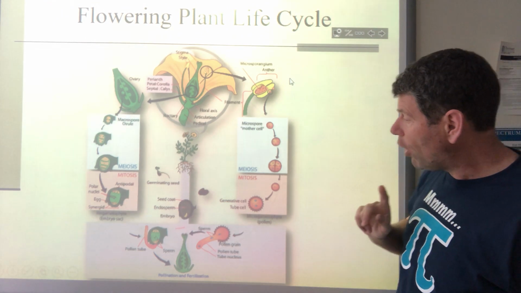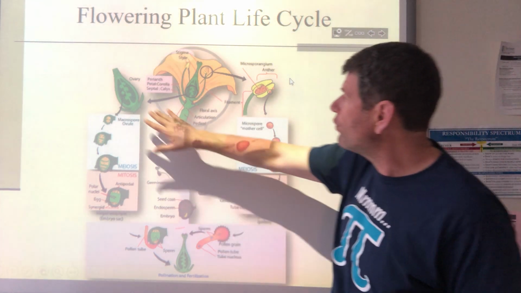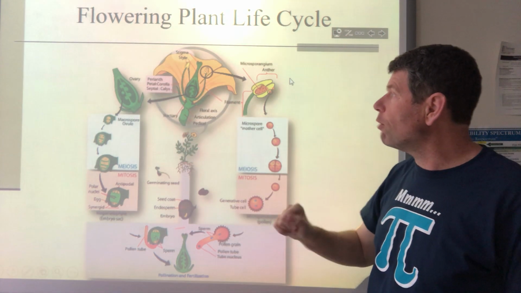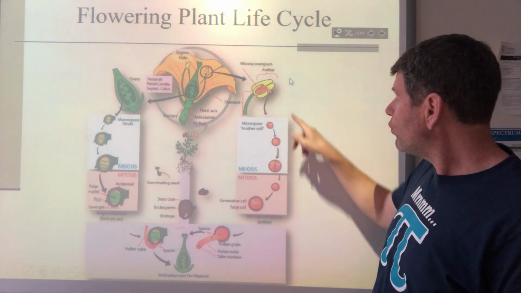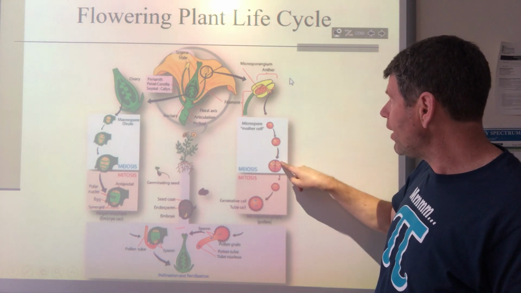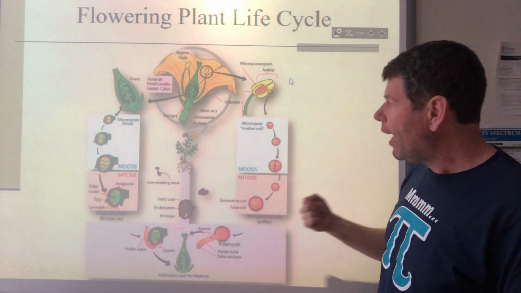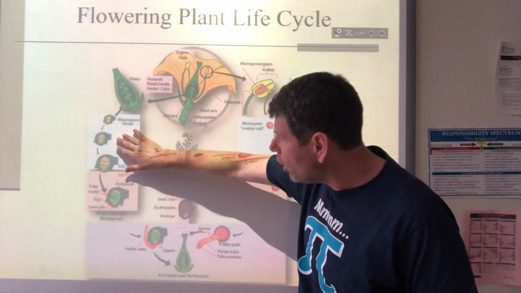I think we have one more life cycle, at least, that we can look at here. So we have our adult plant here. We have a female part of a flower. Remember that flowers are hermaphroditic. They are both male and female in their parts. We end up forming pollen grains on the male side. That would be a meiosis process. And then with the meiosis process on the female side, we form an ovule.